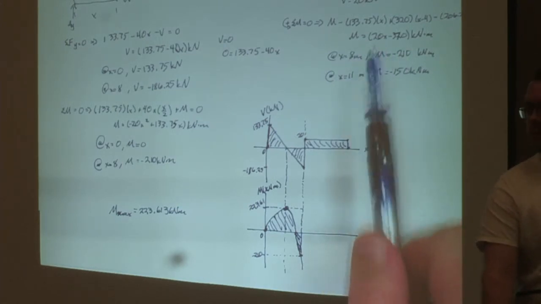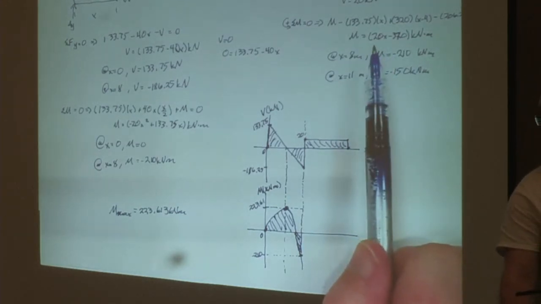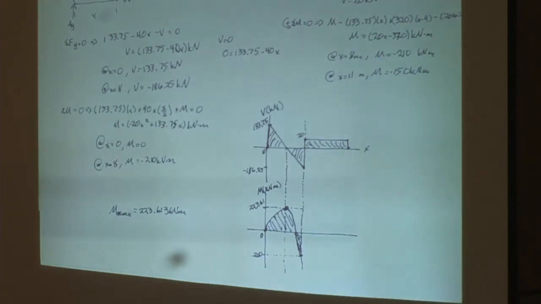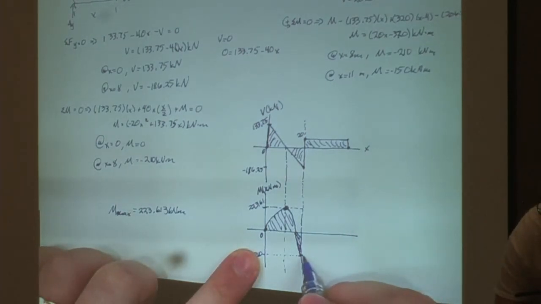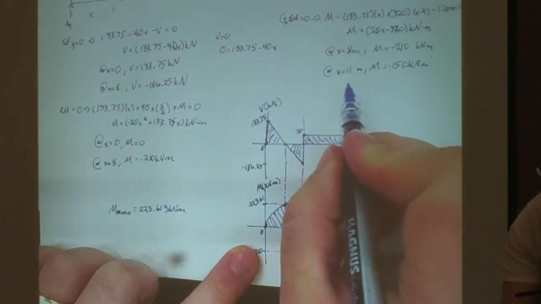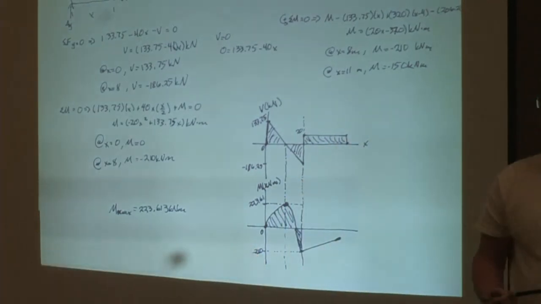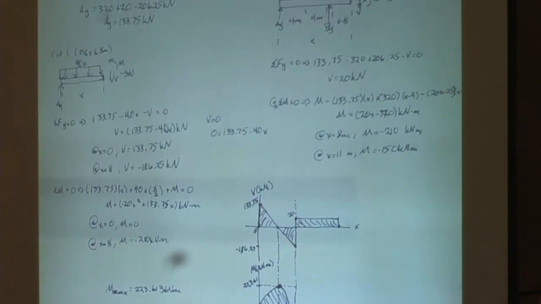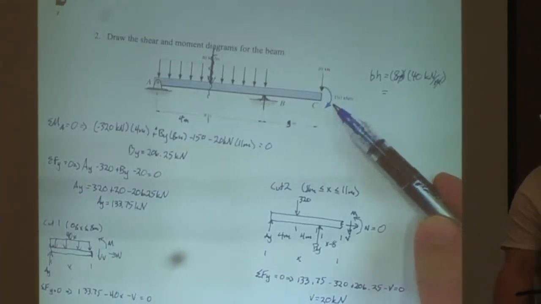Because x is positive, right? There's no negative in front of the 20. So we're going to have a positive slope. So that's going to be an upward slope. But as we calculated up here, it only takes us to negative 150. How do we get back to 0? The concentrated load.